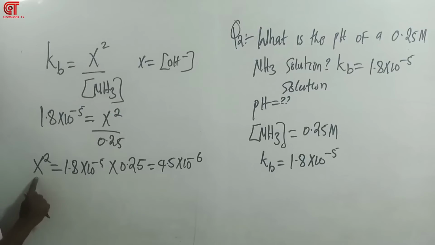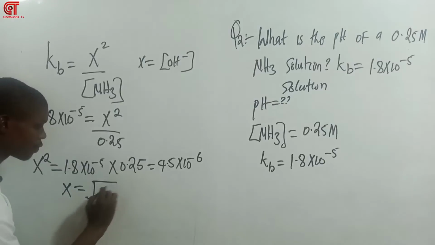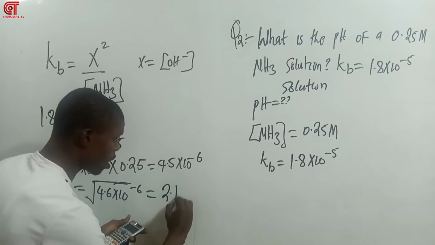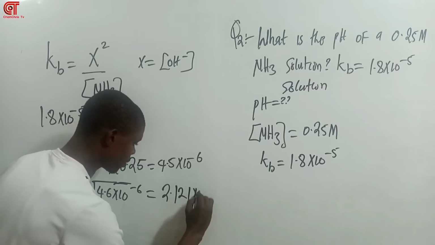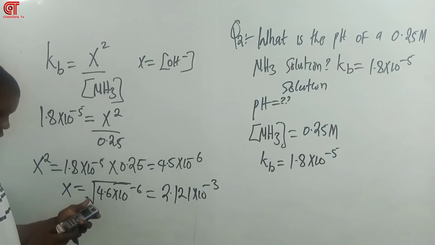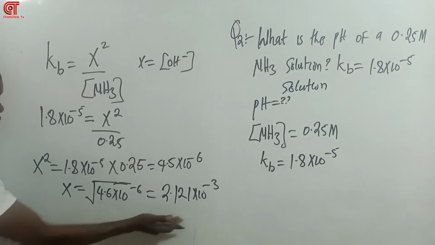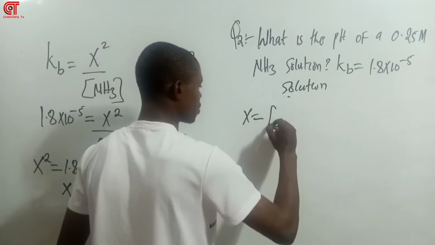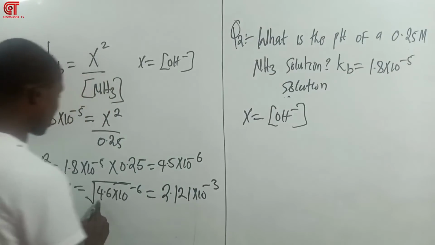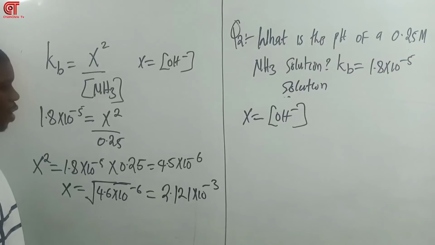Remember, we are looking for X, not X squared. So X equals the square root of 4.5 exponential minus 6, which is 2.1 exponential minus 3. So my X is the OH minus concentration, right? So it means I've already calculated my OH minus. The first thing I want to do is to calculate my pOH.